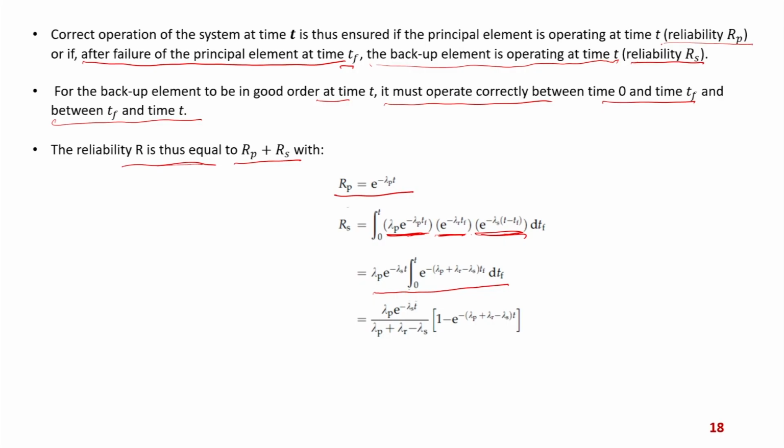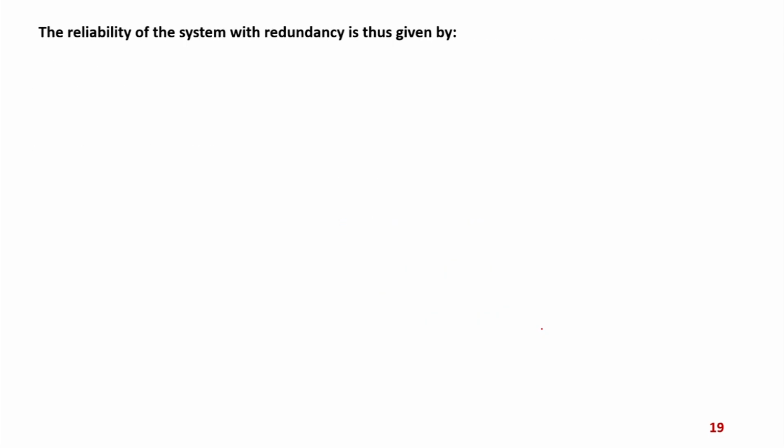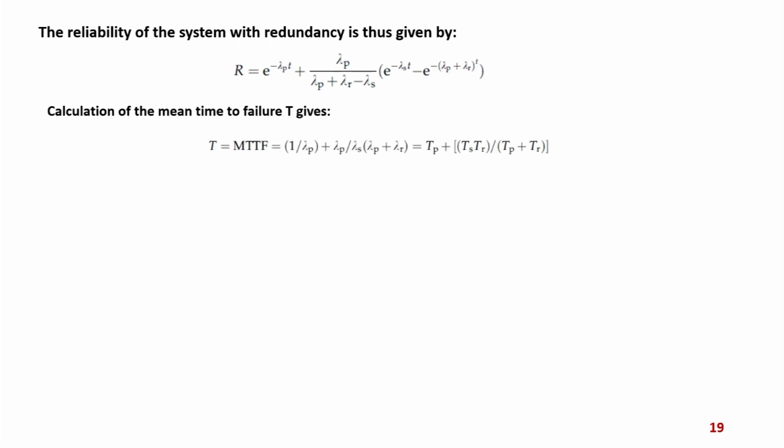You can further simplify this and get this expression, and now we can find the system reliability. I can add the first term and get the total system reliability, and then I can calculate the mean time to failure.